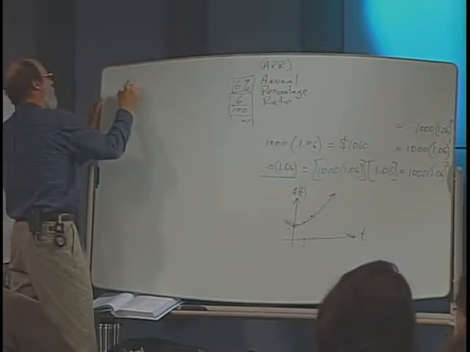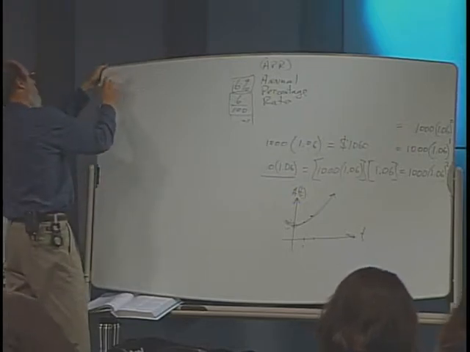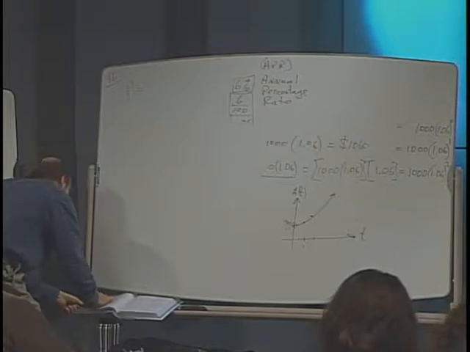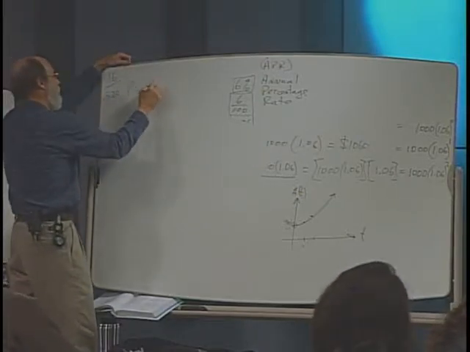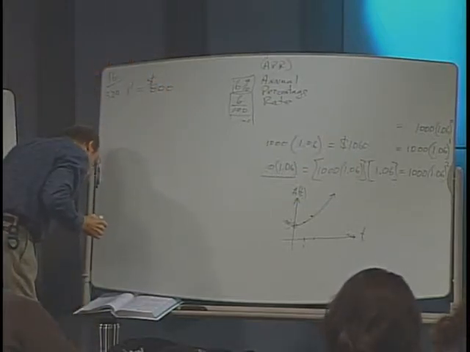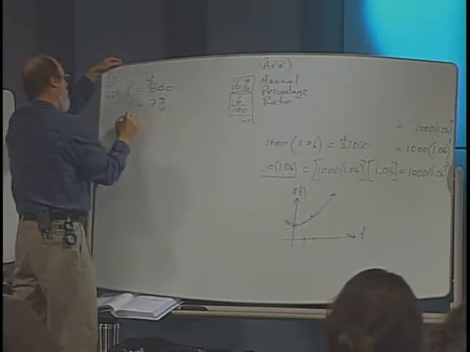Okay. Our initial investment, and this happens to be a variation on problem 16 in our book, on page 320. The initial investment is $800 at 7% compounded monthly.